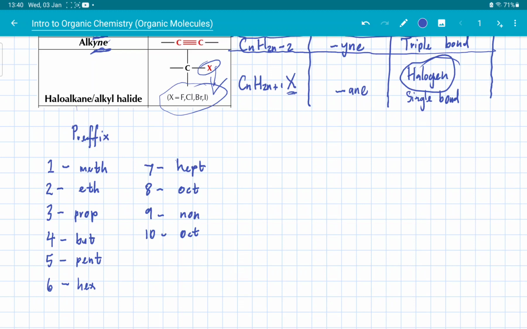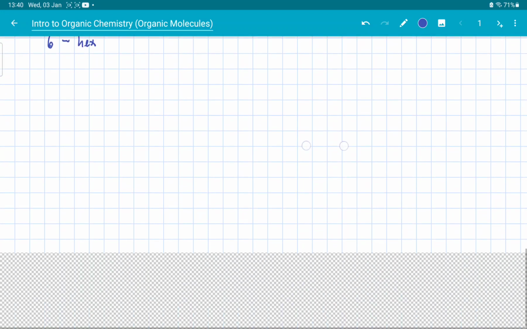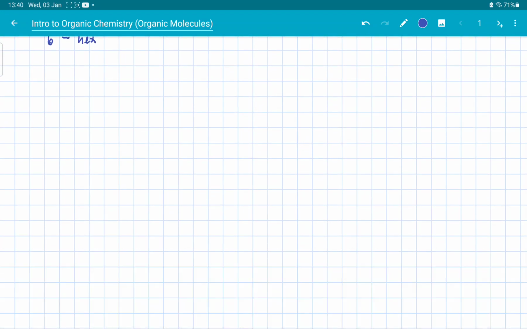So let's do an example and see if we can recognize the structures. Let's just start with alkanes, so that we are all familiar. We remember that alkanes follow the general formula CnH2n plus 2.